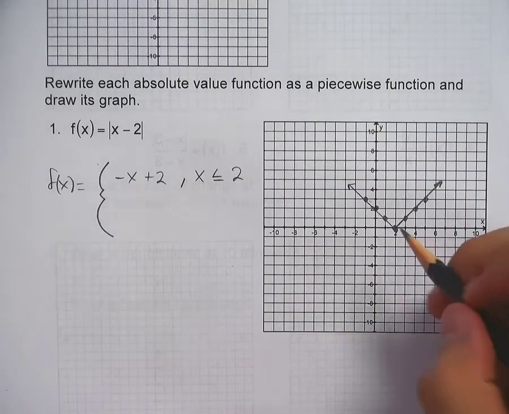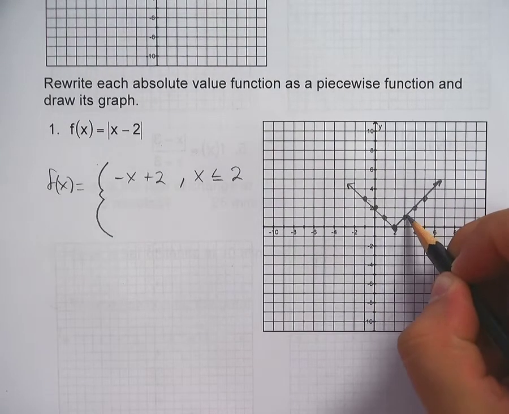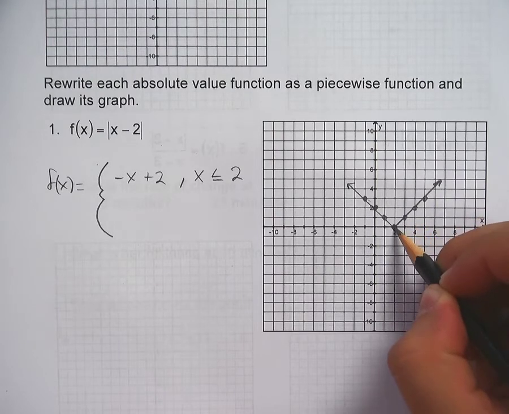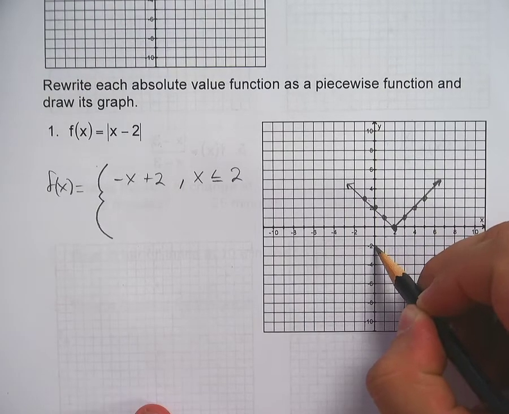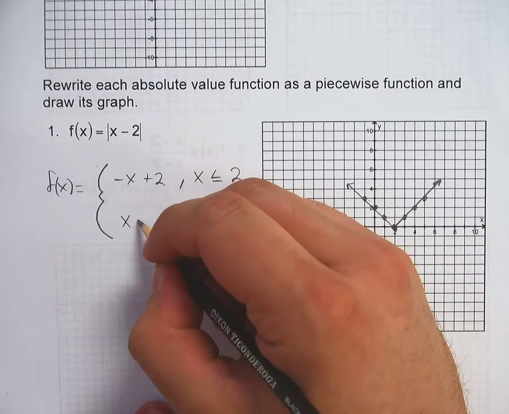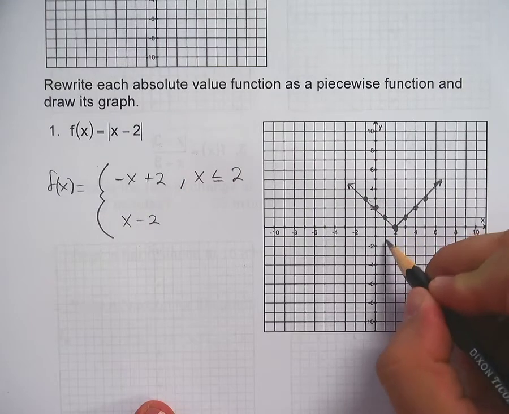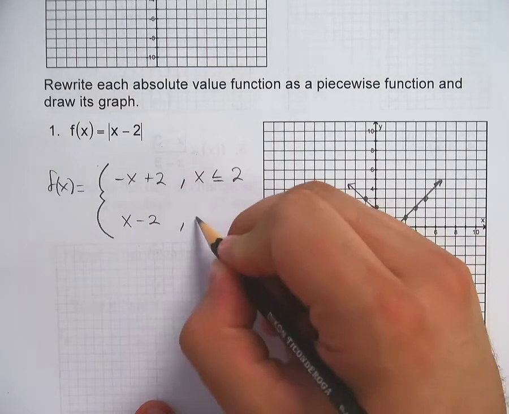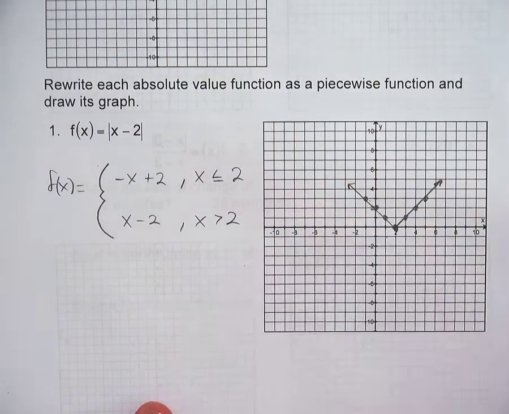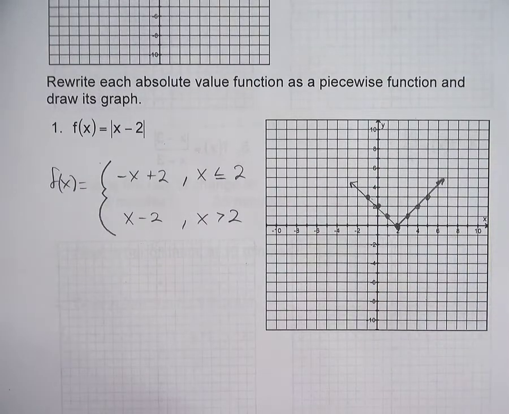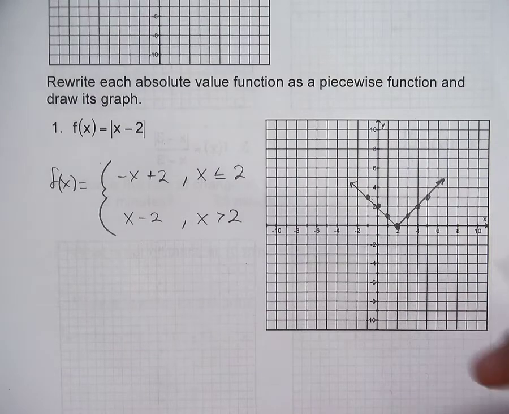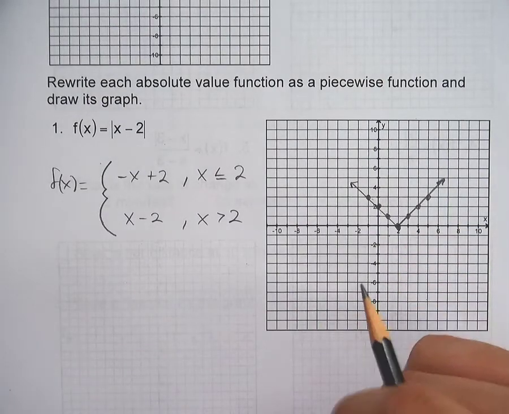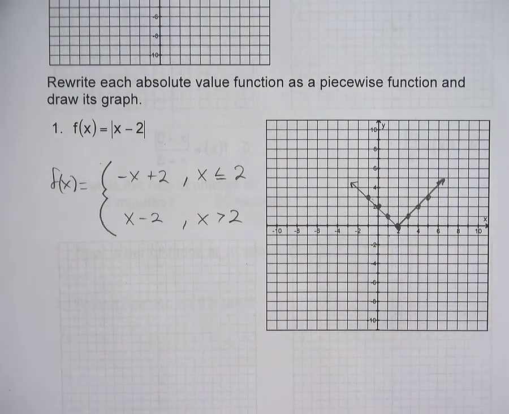And then for the right-hand side, we have a positive slope of 1, right? And if we follow that slope, we would end up hitting our y-axis at negative 2. So this one is going to be a positive x minus 2. That's what that line would be, but we're going to limit it to just being when x is bigger than 2. So I can go through and I can rewrite equations for all of these, right? And just continue on until you hit your y-axis, and you're good to go.